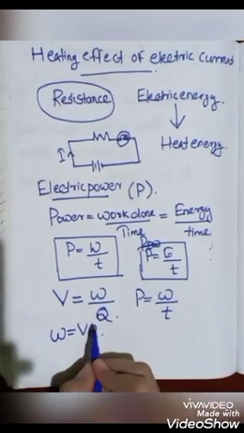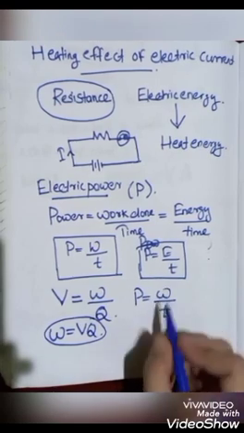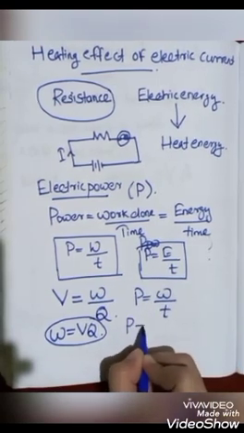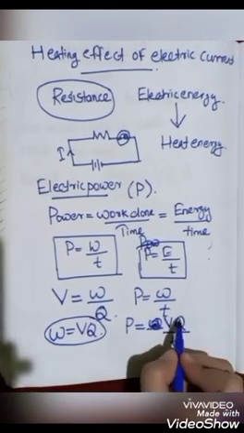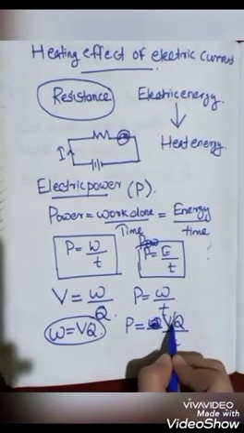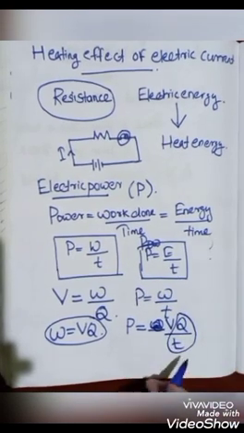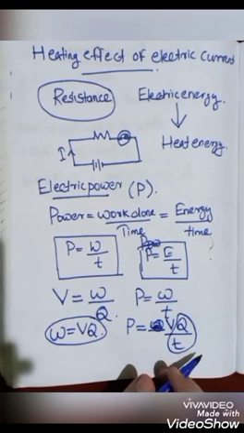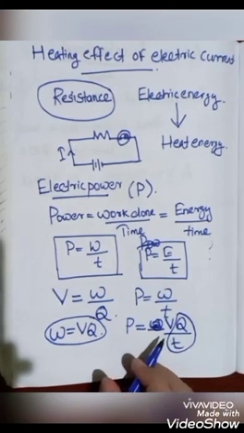Then we can substitute this value into the equation, that is P is equal to VQ by T. What is Q by T? The rate of change of charge is called electric current. Charge by time is equal to current.